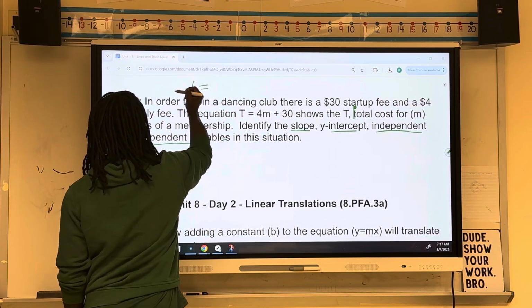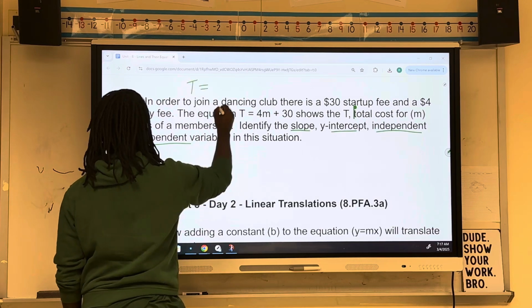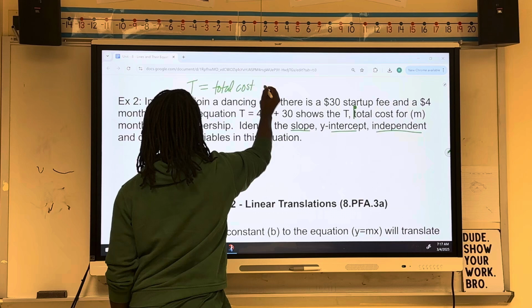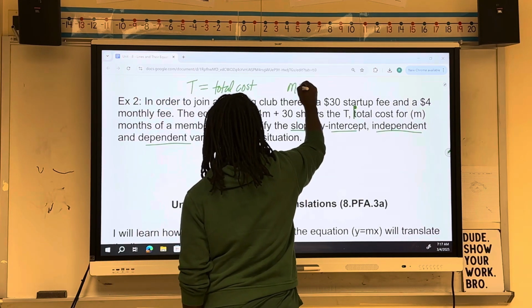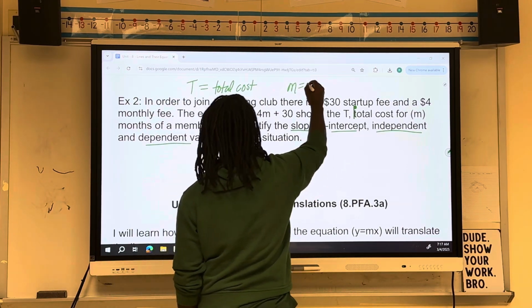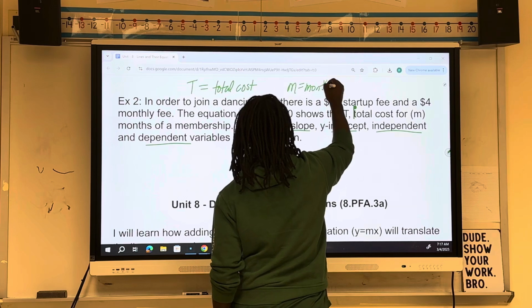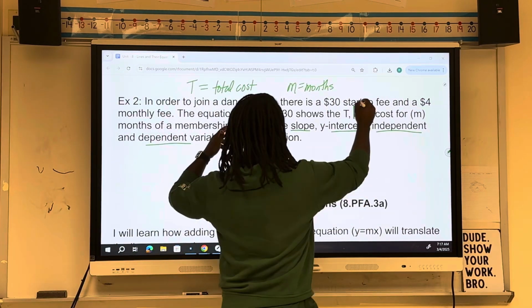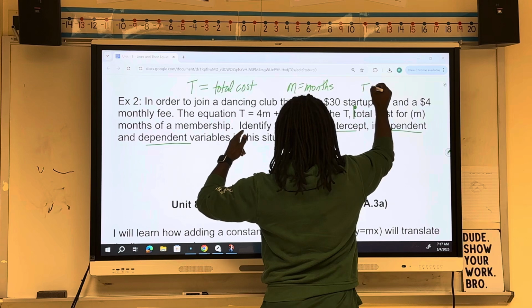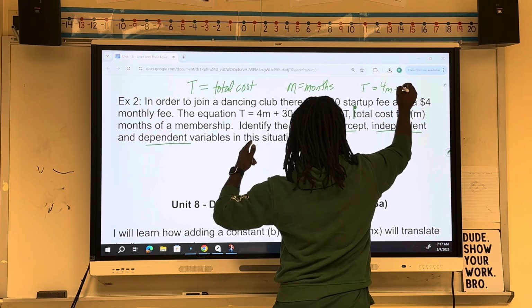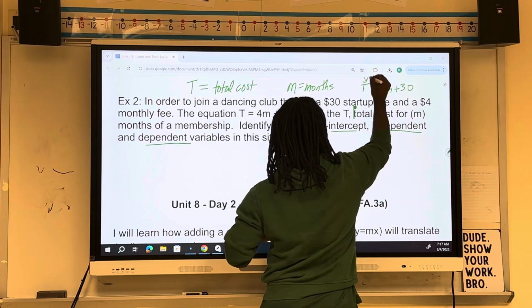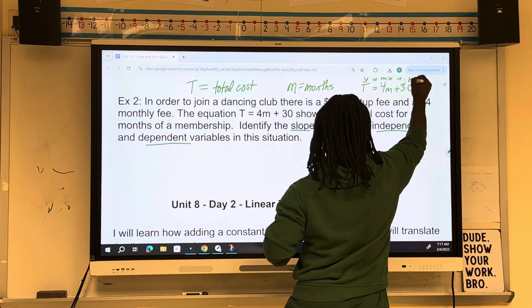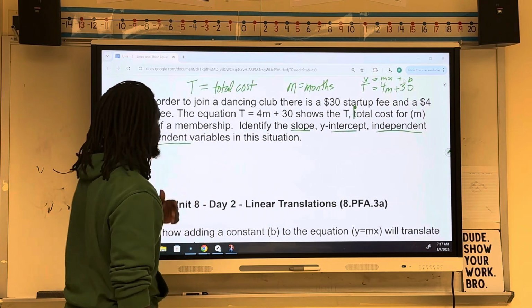T equals the total cost after the membership. M equals the months of the membership. Our equation is T equals 4M plus 30, and if we remember y equals mx plus b, that's going to help us identify each.